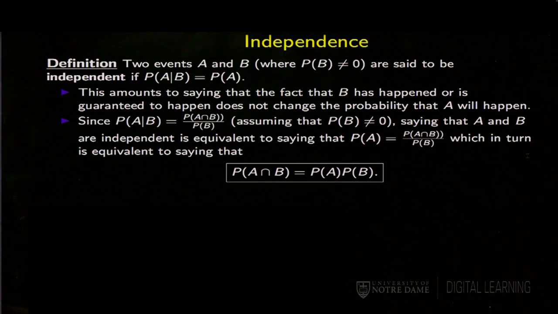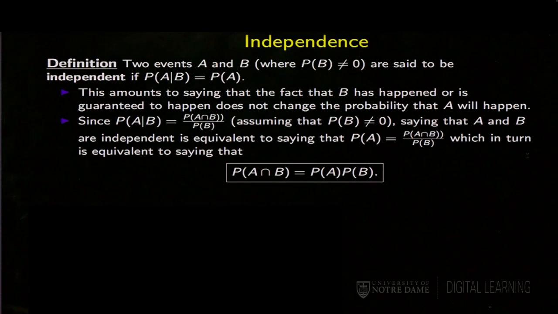Since the probability of A given B is the probability of A intersection B divided by the probability of B, assuming that the probability of B is not 0, we're never allowed to divide by 0, saying that A and B are independent is the same as saying that the probability of A is equal to the probability of A intersection B divided by the probability of B.